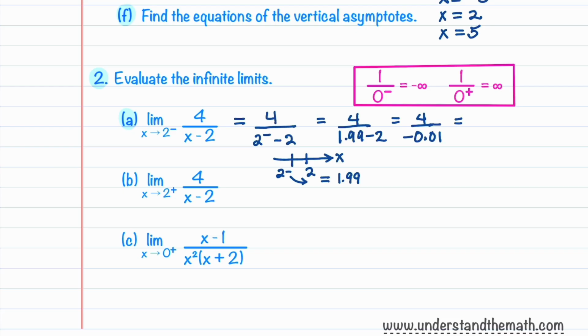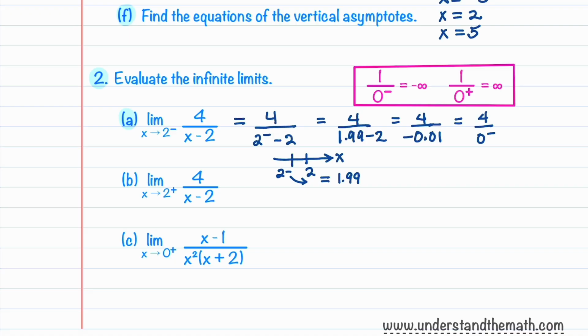Now, that number is going to get a lot smaller as we approach 2 from the left. So it's going to be minus 0.000, lots of zeros, and then a 1. So what we have here is 4 divided by a really, really small number that's negative. So we can write this as 4 divided by 0 from the left.